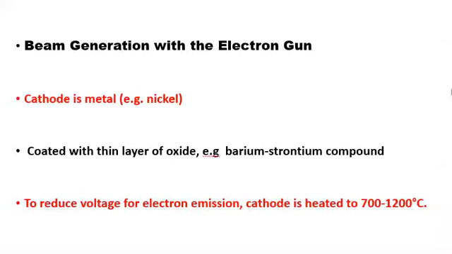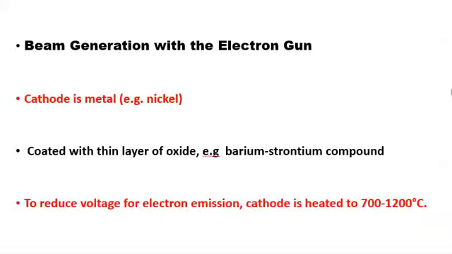So this cathode is made of metal. Typically nickel is used, and of course this nickel is coated, that is electroplated, with a thin layer of oxide of some element. The most typical one is a barium strontium compound, the oxide of which is used for plating the cathode, which is the nickel in this case.